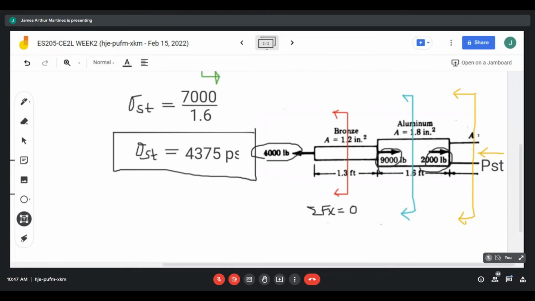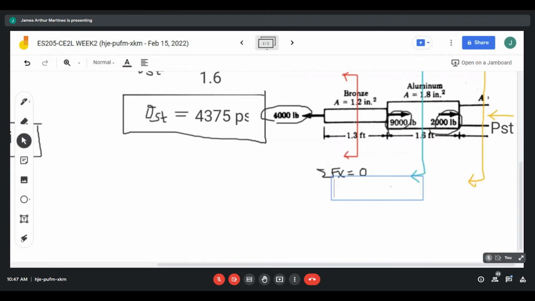Since these are vector quantities, their direction matters. So it's important to understand vector and scalar quantities. For this case, summation of forces on x-axis, since I assume the internal reaction of steel is going to the left, I will put it together with 4,000, since the 4,000 is also going to the left.